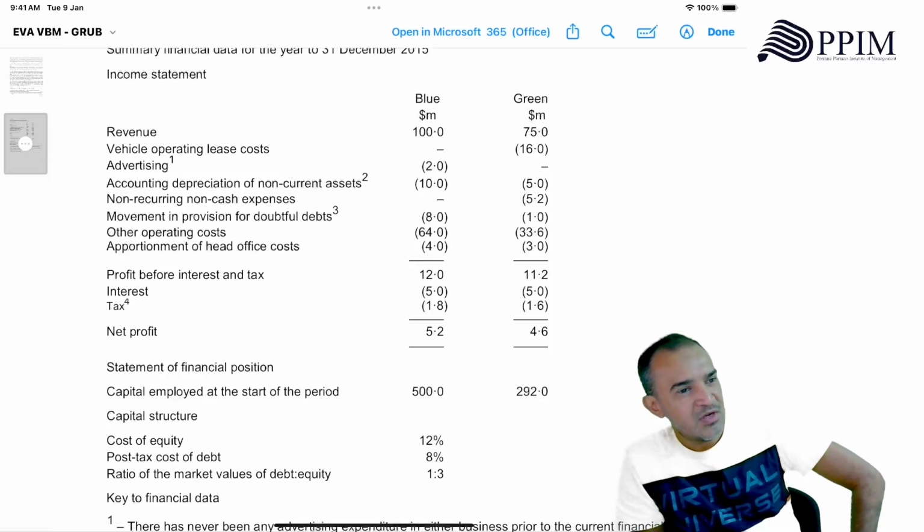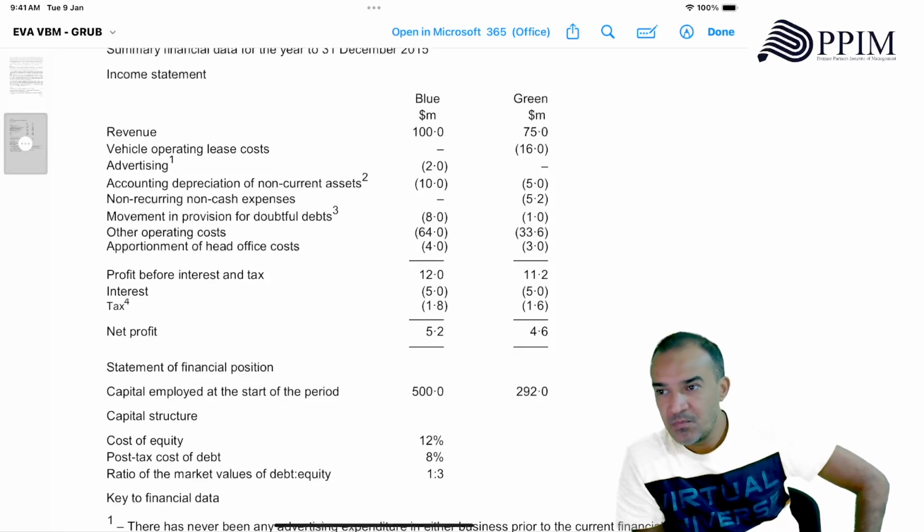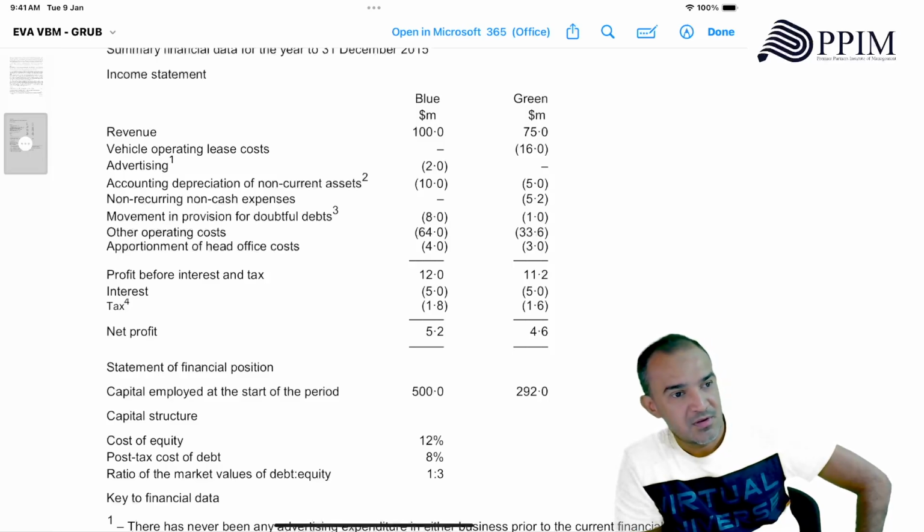Is there anything that we should add back? So we have the revenue, then lease, advertising, accounting, depreciation, non-recurring, non-cash expense, movement in provision for doubtful debts, other operating cost, and apportionment of head office cost.